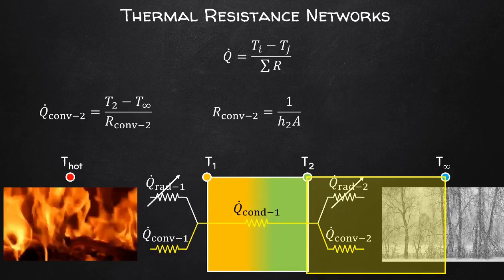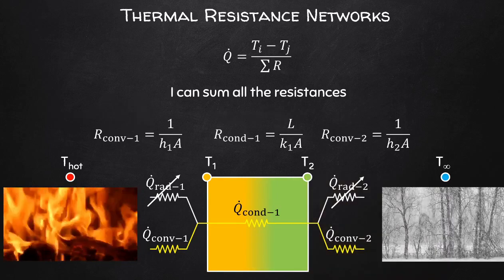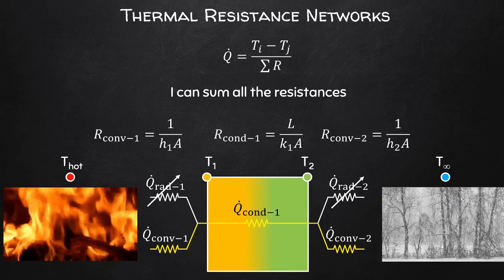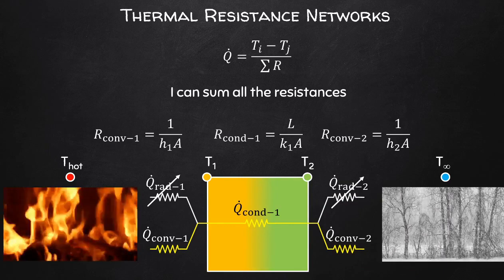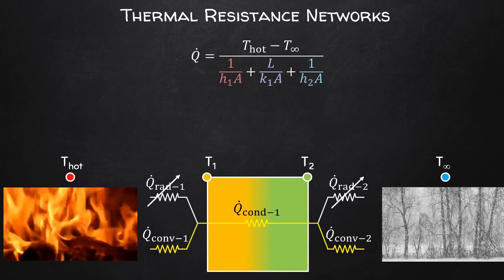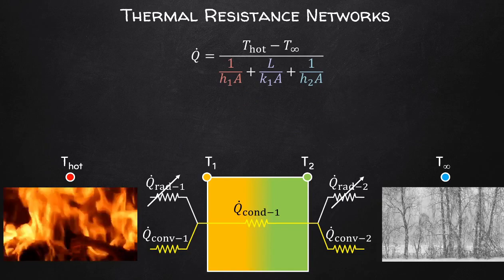And similarly, we also have convective resistance to the right-hand side. And just like in an electric circuit, we can sum up all of these resistances in series, as shown here. Okay, and we can then substitute this result into our energy equation. So nice and simple.